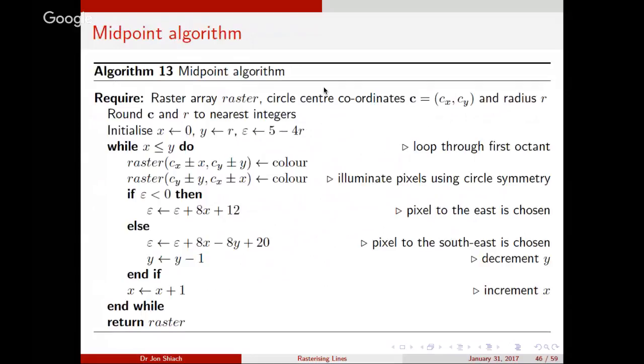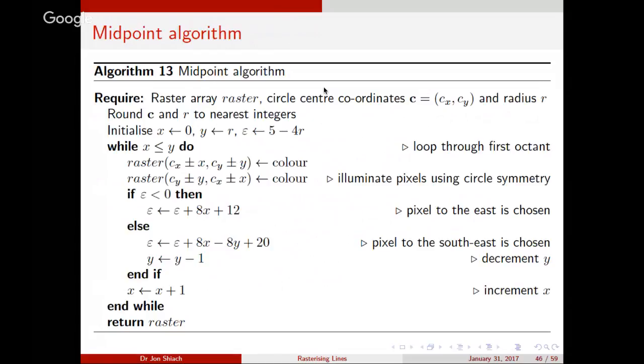Okay, so here's the algorithm. Again, this is similar to Bresenham's. What we need is our raster array, circle center coordinates, so we need to know where the center of the circle is, and the radius of the circle as well. The center and r need to be integers, because we're dealing with pixels. So if you happen to have non-integer values, you have to just round them.